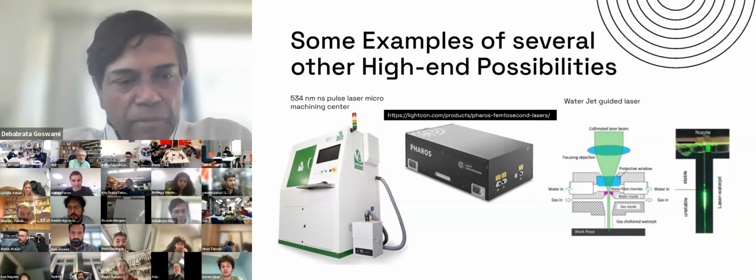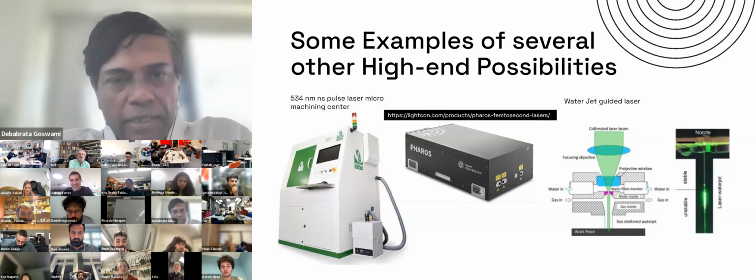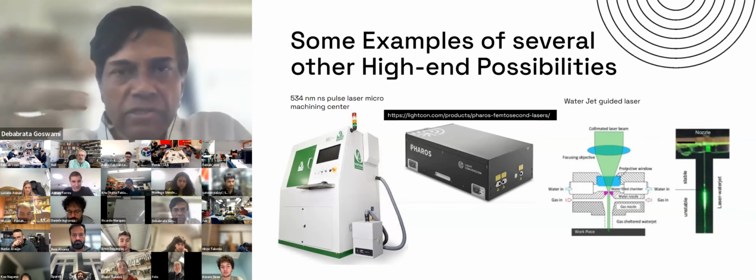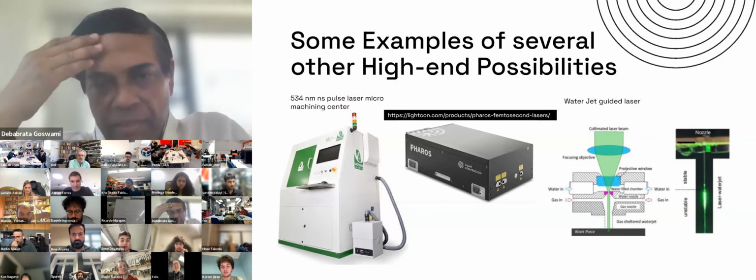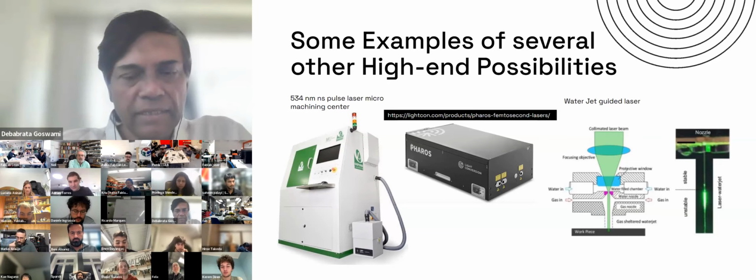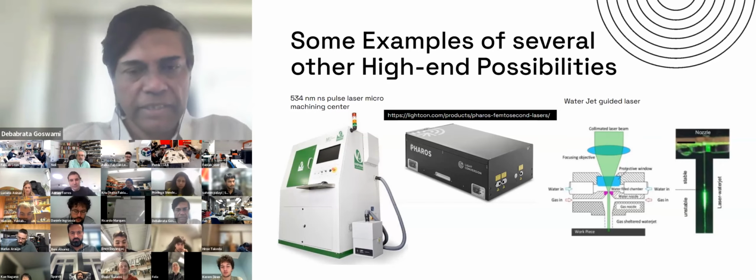And there is a femtosecond laser, which is the Pharos laser, which can be assembled and put together to form a laser machining system. This laser in itself is on its own a femtosecond laser, but it can be used to make a laser machining system. And I think with that, next slide, I would conclude, and thank you very much.